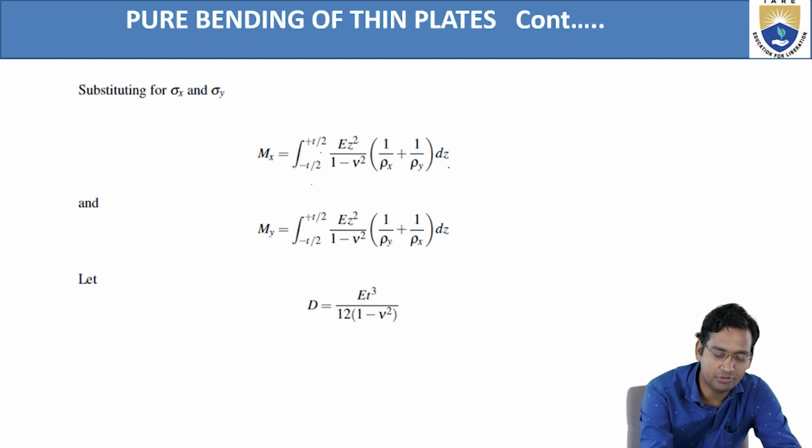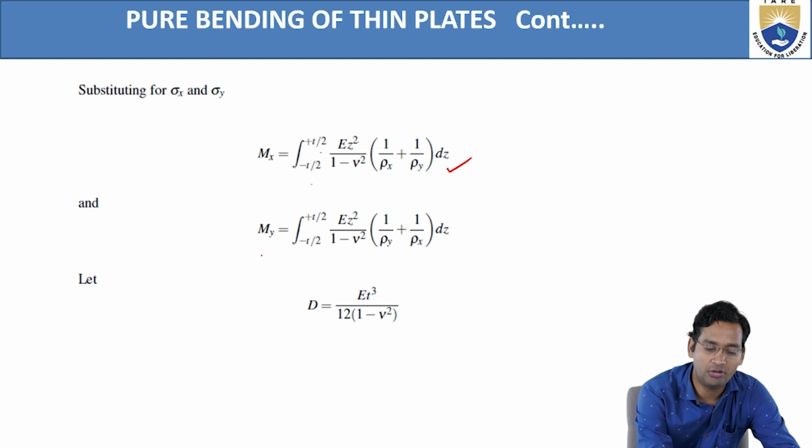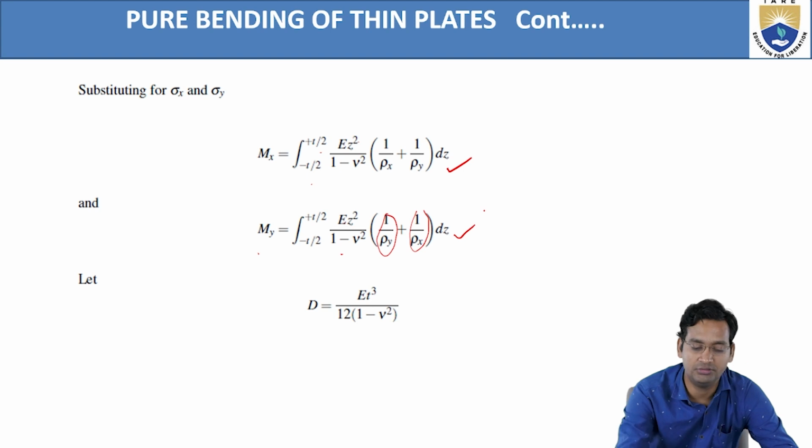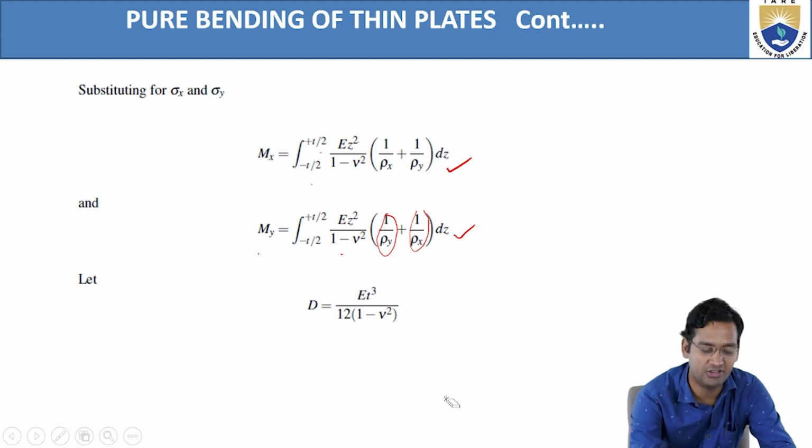So after substituting here, we'll get this as Mx. Similarly for My, the same will be there, but you have E z square by 1 minus nu square, and here it will be 1 by rho y plus nu by rho x, dz. After that, once we integrate this one and substitute, so let's integrate this first.